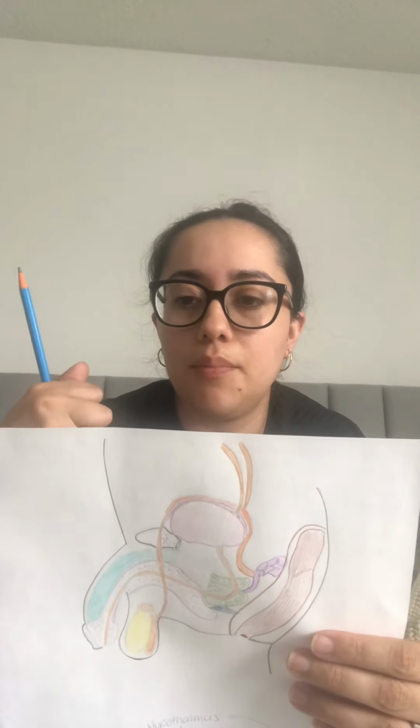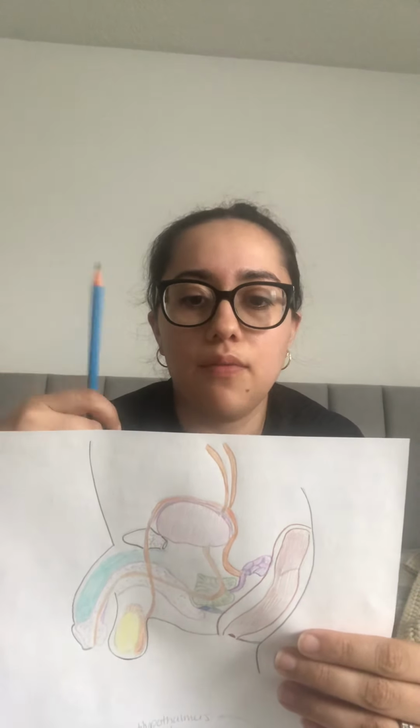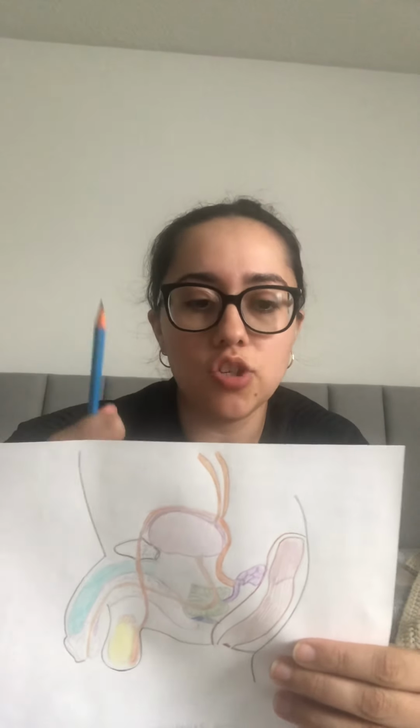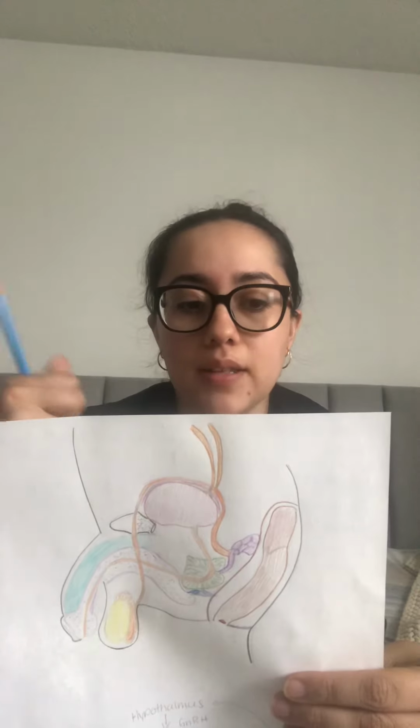Then the pituitary gland, stimulated by the GnRH, secretes the luteinizing hormone, also known as LH, and the follicle stimulating hormone, known as FSH. The FSH stimulates the sustentacular cells of the seminiferous tubules to respond to the effects of the male hormone testosterone.